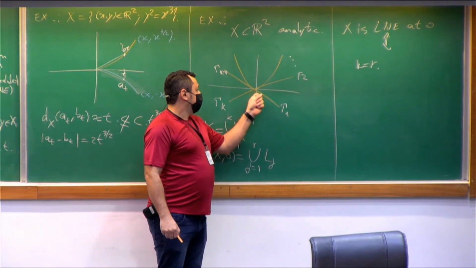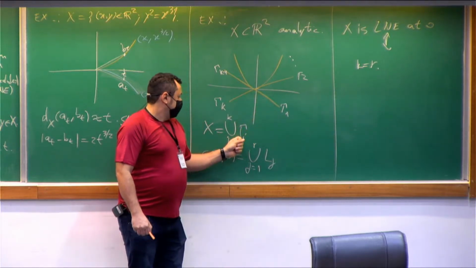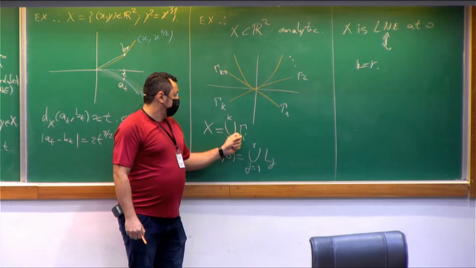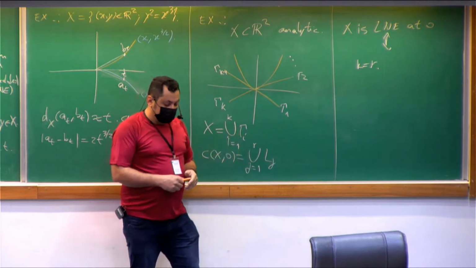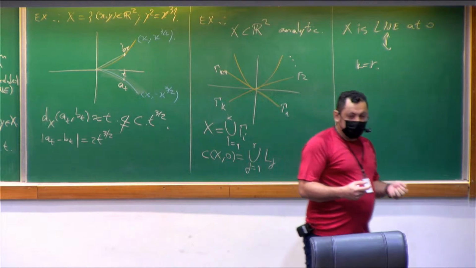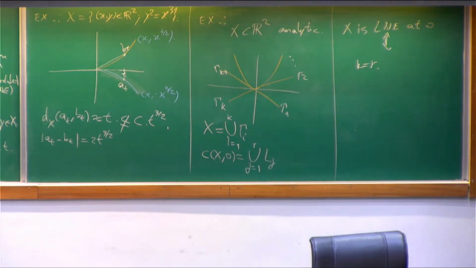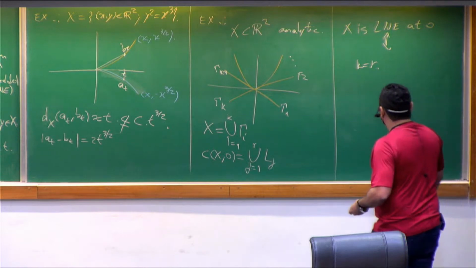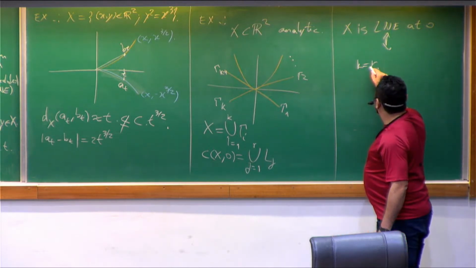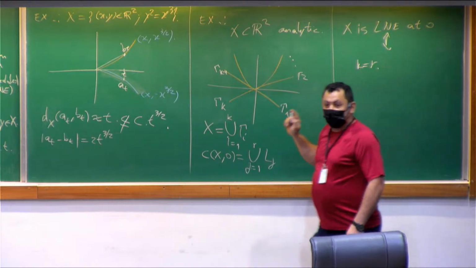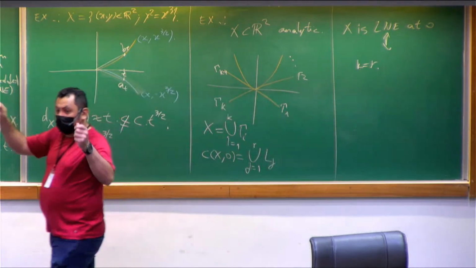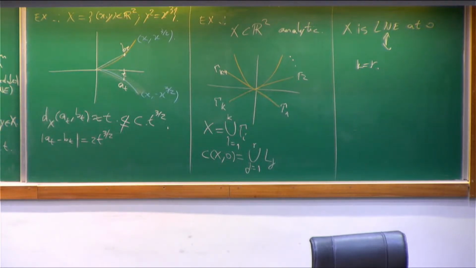Any half branch gamma i has a tangent cone that is a half line. So we always have that r is less than or equal to k. But when we have equality, we don't have two half branches with the same tangent cone.